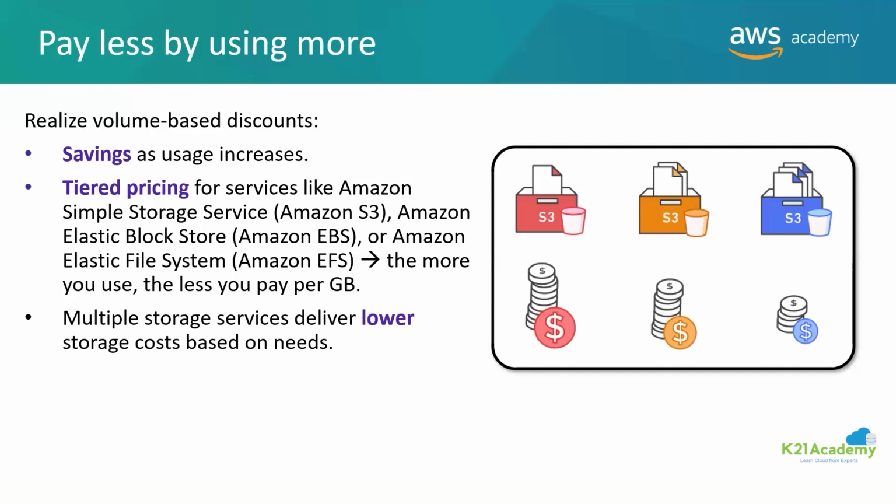In addition, data transfer in is always free. So you can use multiple storage services, which deliver lower storage cost, completely based on your need. As a result, as your AWS usage increases, you benefit from the economies of scale that enable you to increase adoption and keep the cost under control.